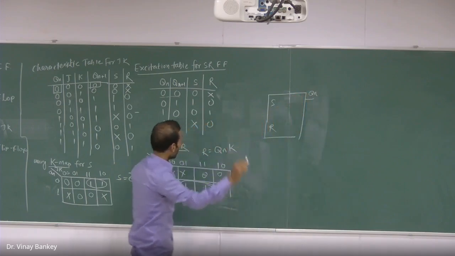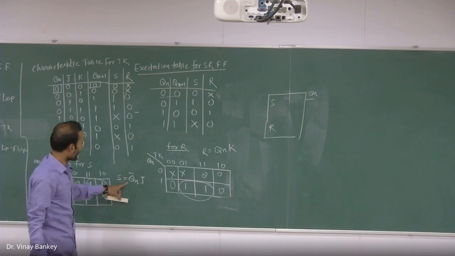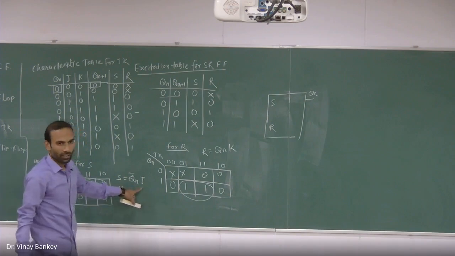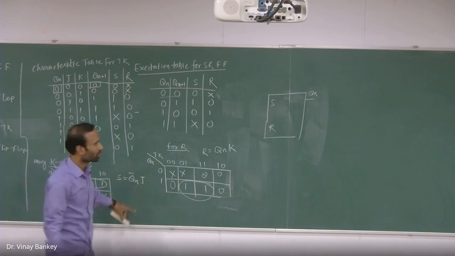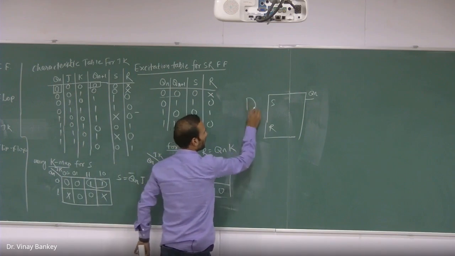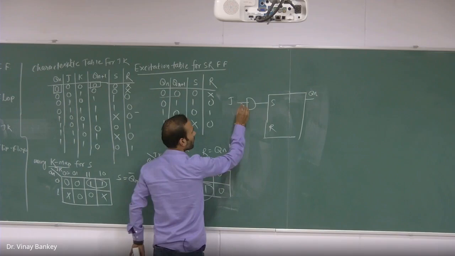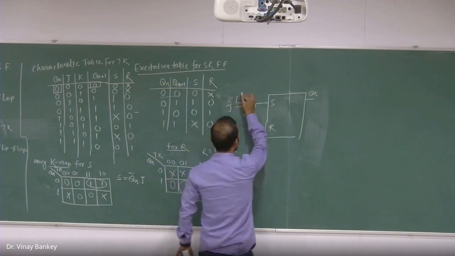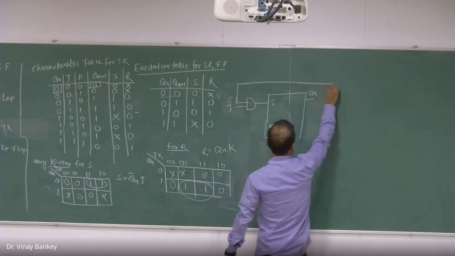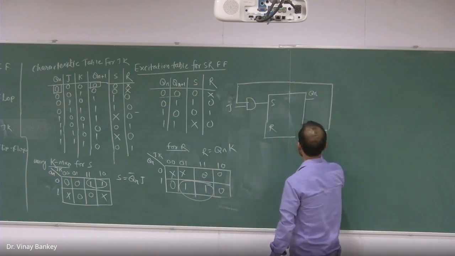Correct. So what your expression says, S should be Qn bar and J. So we need one AND gate here, and S should be J. I should write it down, and this will be Qn bar. This is your Qn bar.